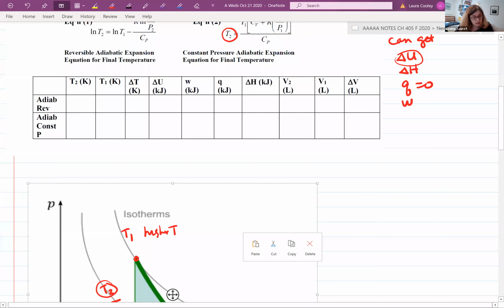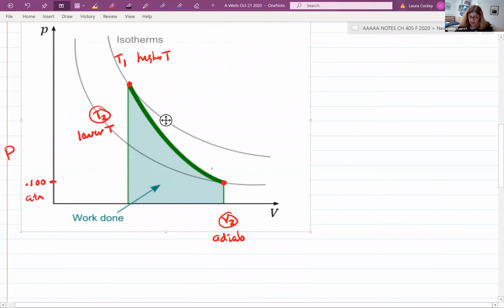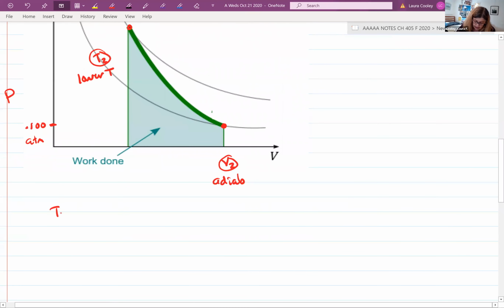And what you will find is that the T2 for the adiabatic constant pressure case is actually greater, that the temperature doesn't go down as much.